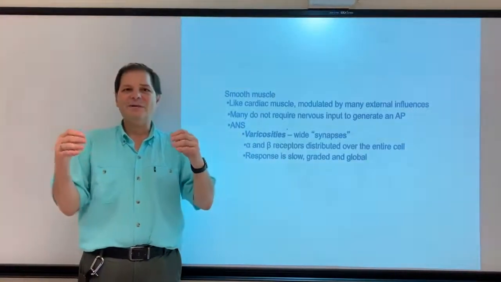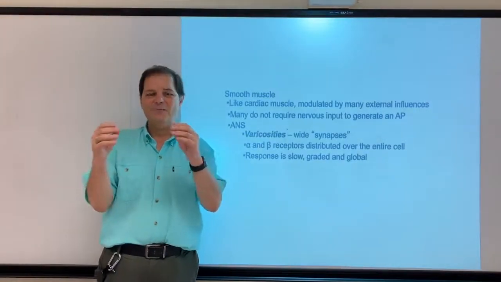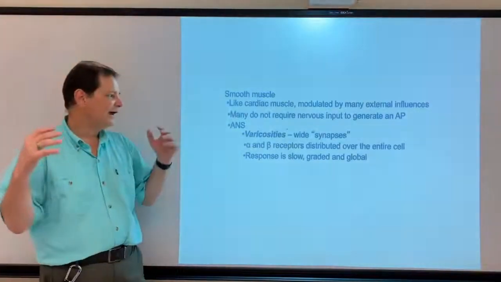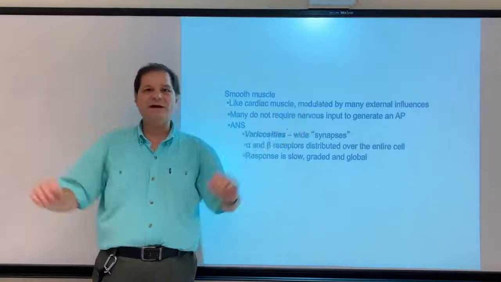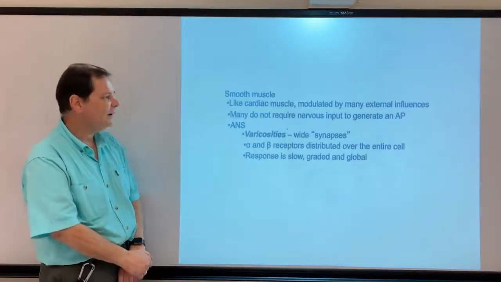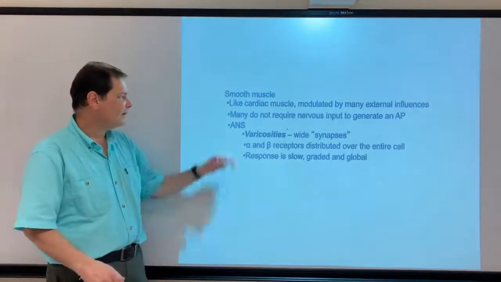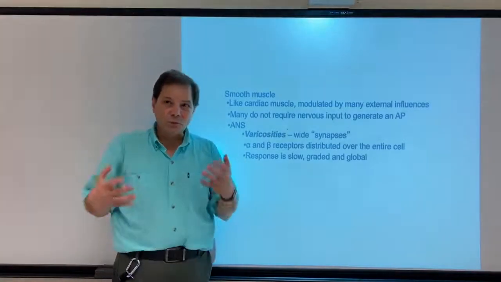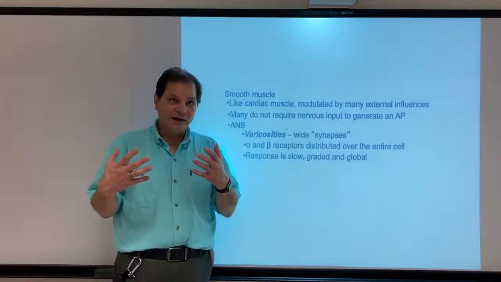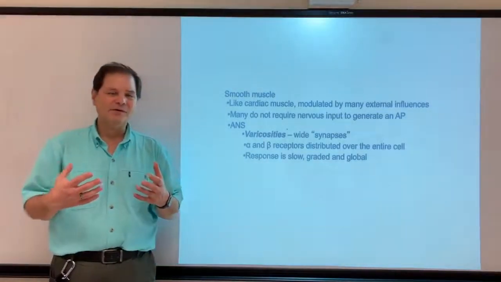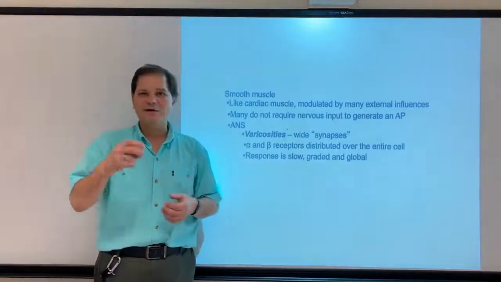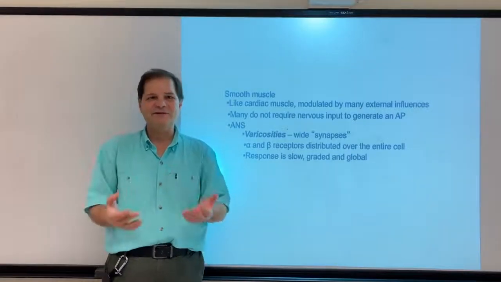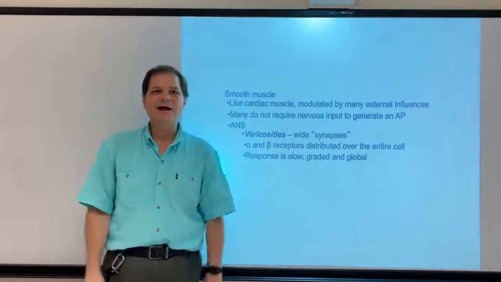It's graded depending a lot on how much neurotransmitter is released, and it's global, meaning they're spreading out over the entire cell. Okay, and so your autonomic nervous system responses tend to be tuned in terms of modulating smooth muscle. It's not really there to cause an instant response. It's something that's going to take seconds to minutes to happen.